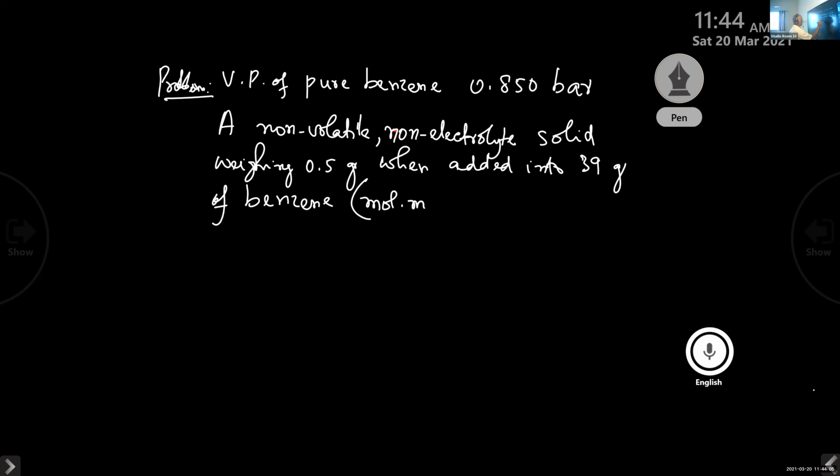That is the molecular mass of benzene, 78 gram per mole. Full stop.